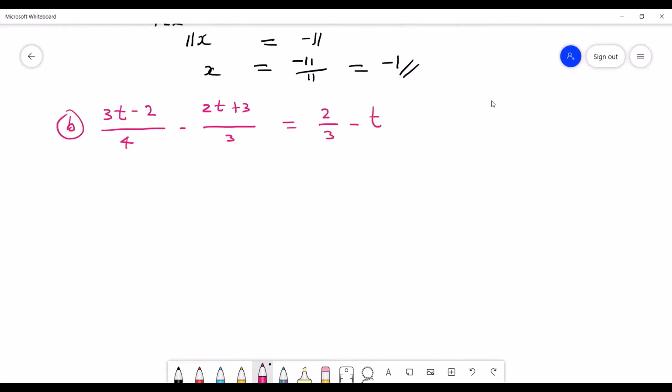The question is 3t minus 2 divided by 4 minus 2t plus 3 divided by 3 is equal to 2 upon 3 minus t.